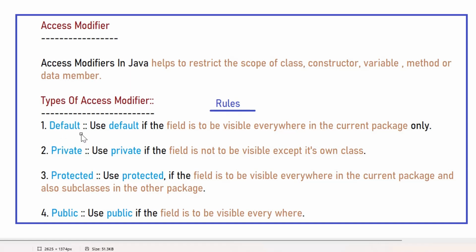Default. When no access modifier is specified for a class, method or data member, it is said to have the default access modifier by default.